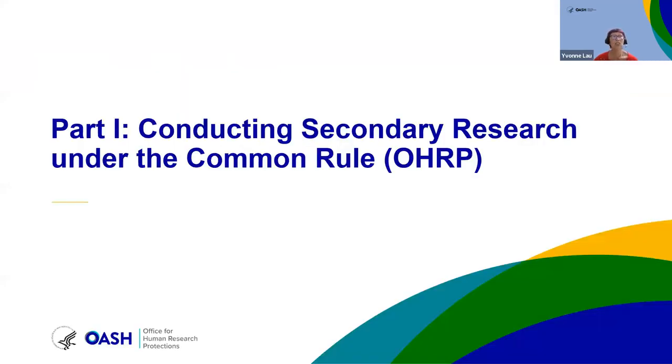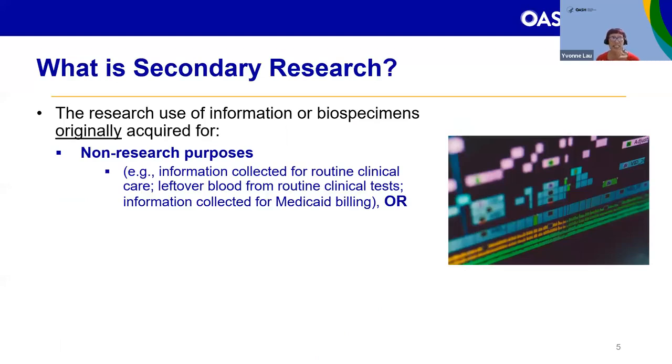So here we go. What is secondary research? This is the research use of individuals' information or biospecimens that were originally collected for non-research purposes. An example would be information collected for routine clinical care.